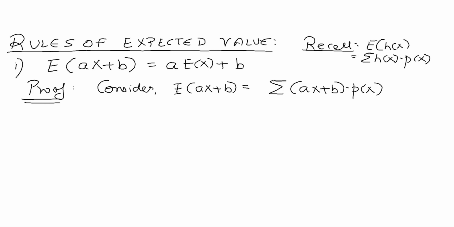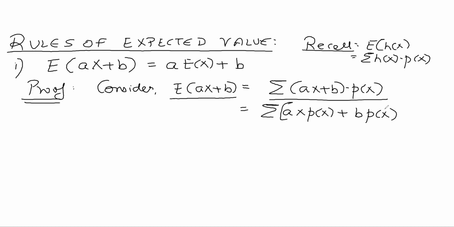So expected value of ax plus b will be summation ax plus b into p of x, which I can write summation ax into p of x plus b into p of x. I have just multiplied the terms. This will be summation ax p of x plus summation b p of x.